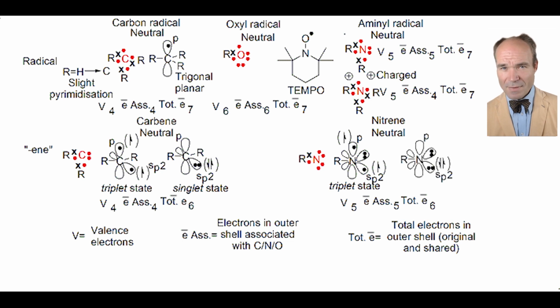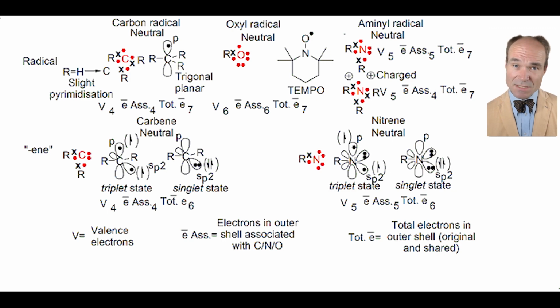The other form has two lone pairs in sp2 orbitals, and the p orbital is empty. This is the singlet state. There is a much larger difference in energy between singlet and triplet state for nitrene of 145 kilojoules per mole, where R equals H, than was the case with the carbene.